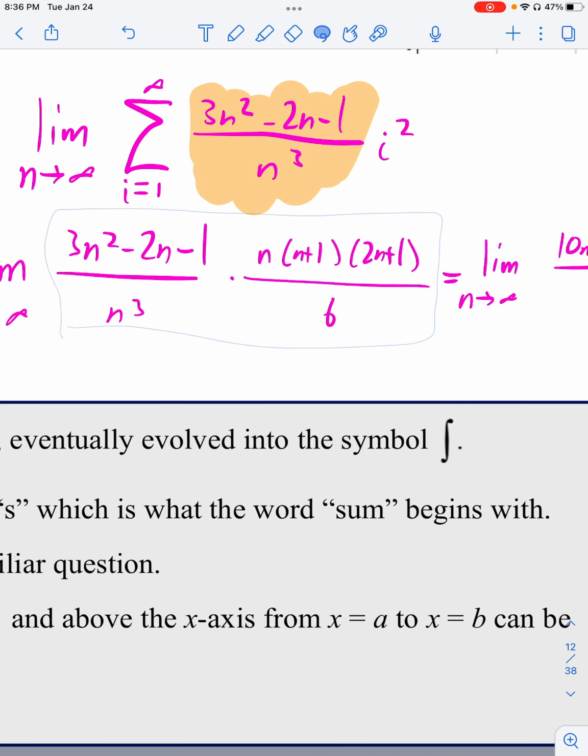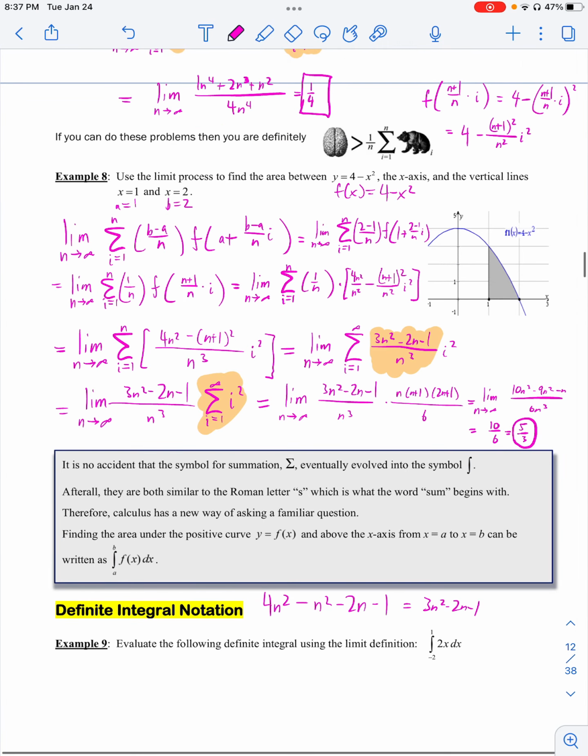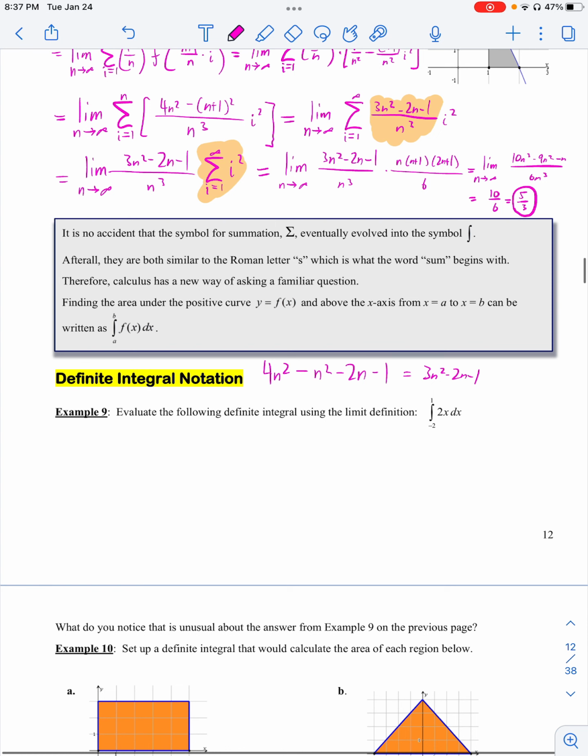And then in that limit, the degree of the top is the same as the degree of the bottom, so the limit is just dividing the lead coefficients. You get 5/3. There you go. Woohoo! That's another big takeaway.